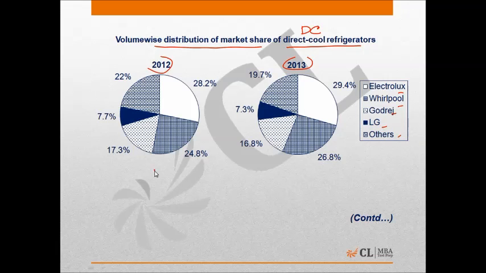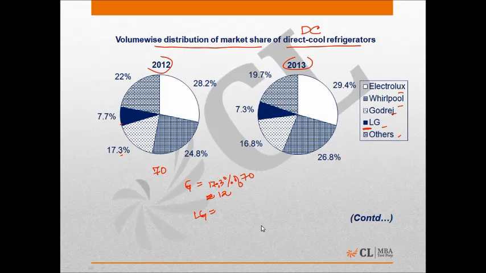So that makes this as 70. So if you talk about Godrej, we have Godrej as 17.3% of 70, which is approximately equal to 12. And if you talk about LG, LG is the deep shaded one.